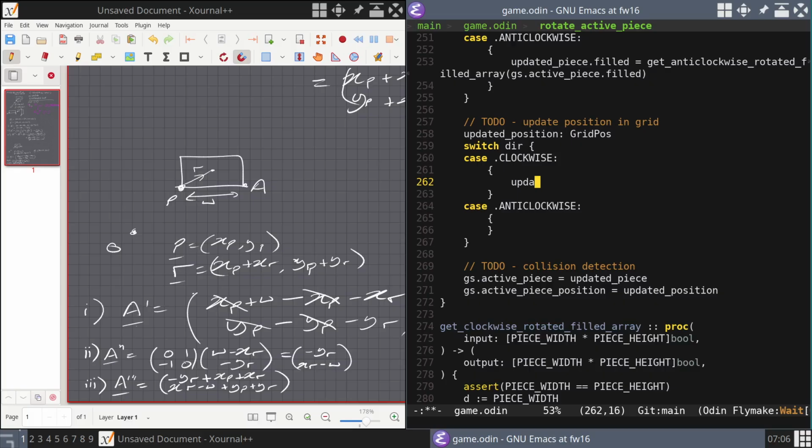So, if we do this one, I think the updated position should be equal to grid pos.